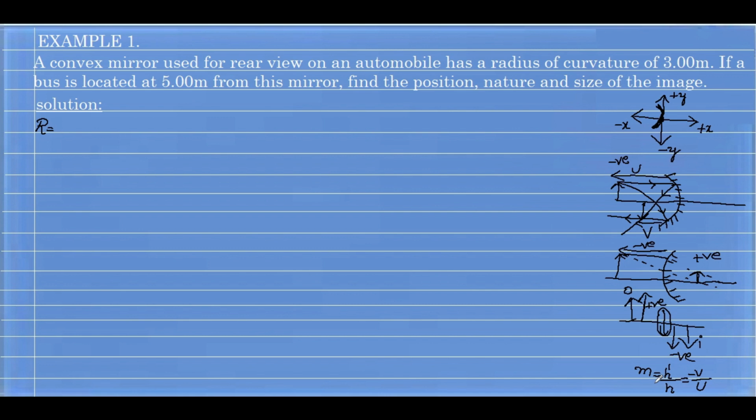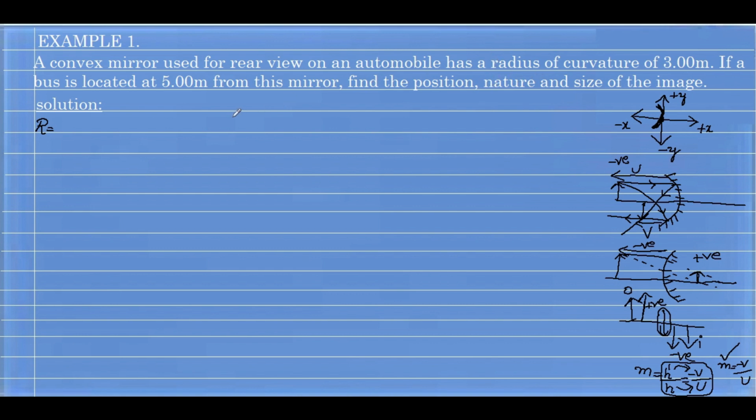In any problem, if the height of the image and height of the object are not given, we can directly consider m as minus v by u, so that we can calculate the value. These are the basic things you have to keep in mind if you need to solve physics light reflection problems neatly.